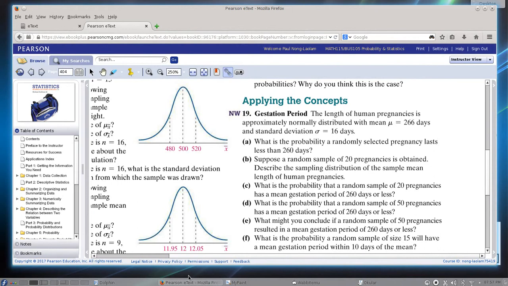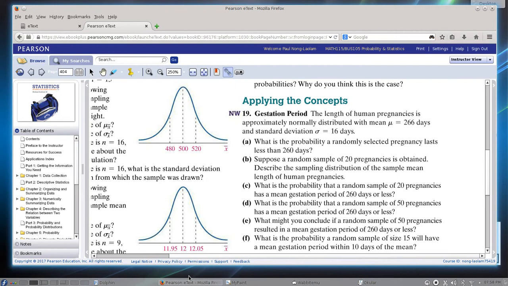And in this problem, we are given the parameters, that is the population mean and the population standard deviation. So here we have the length of human pregnancies, which is approximately normally distributed with a mean value of 266 and a standard deviation of 16 days.